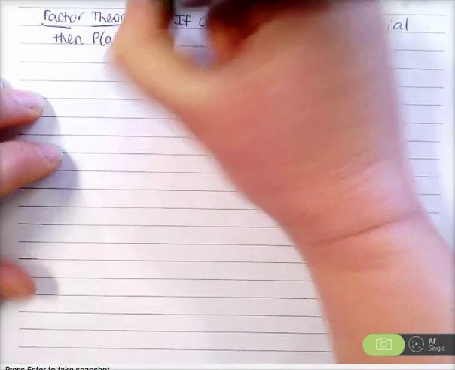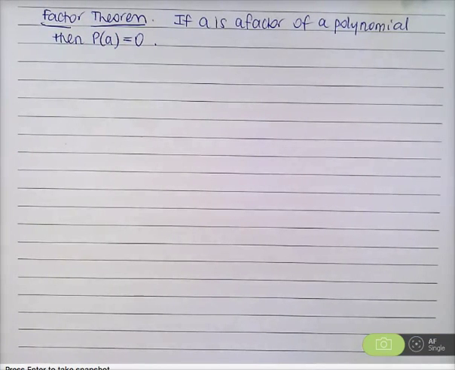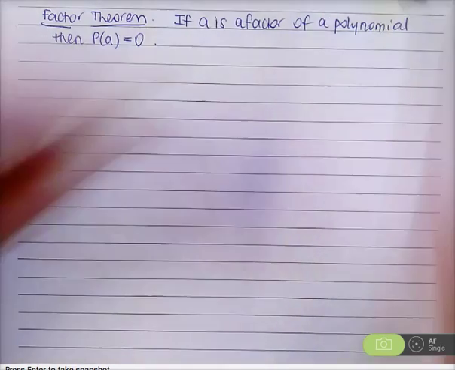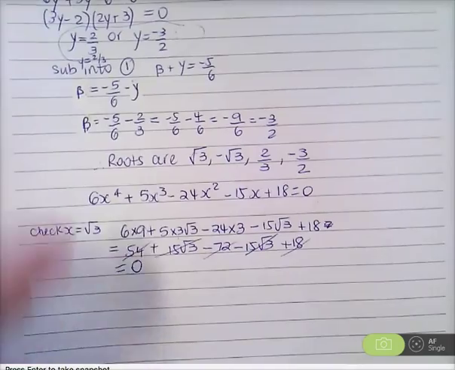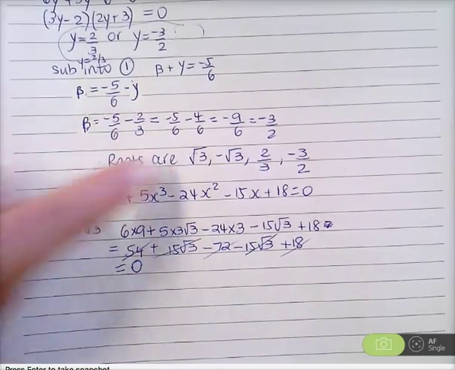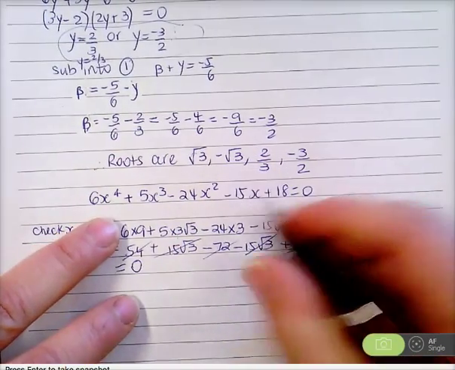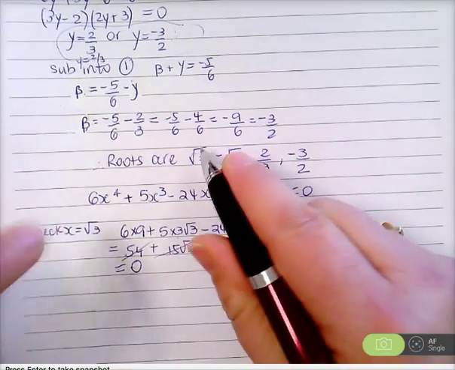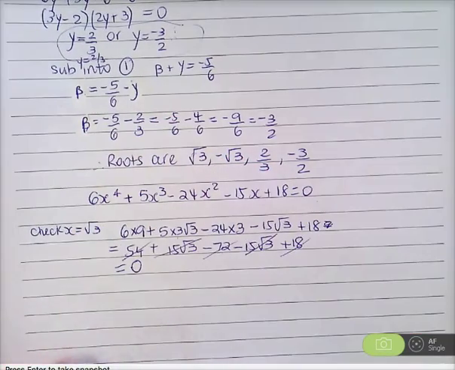We did polynomials in term 1, and we looked at the factor theorem and the remainder theorem. If something is a factor, you know how the roots of my equation were this? That means if I substitute any of those answers into the polynomial, I get 0.